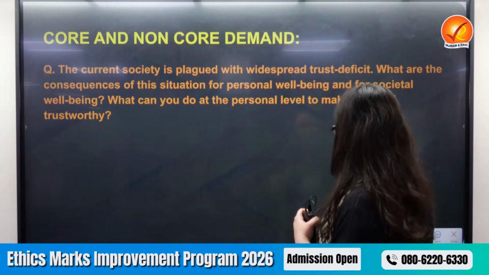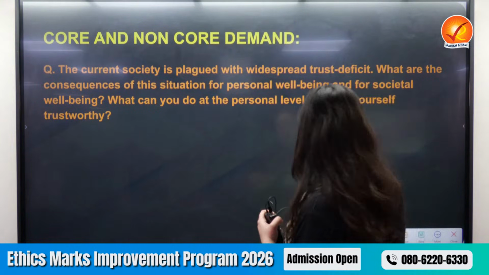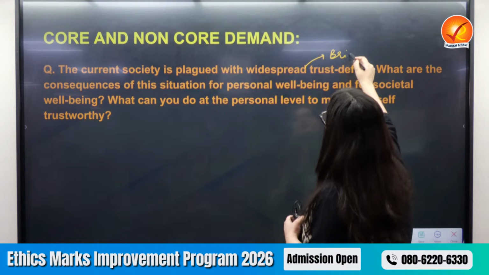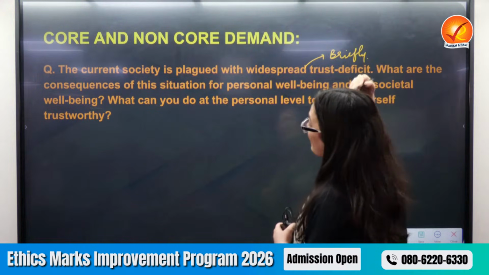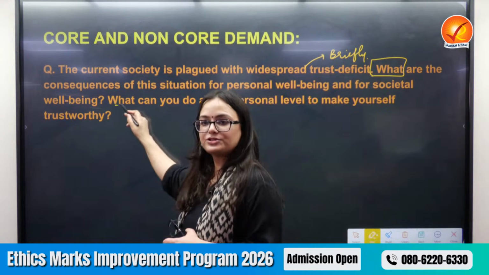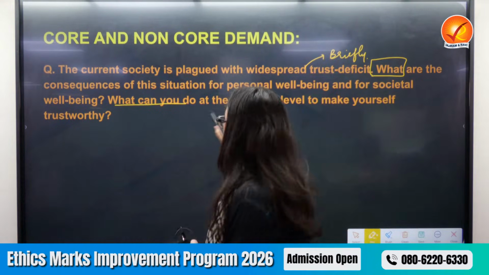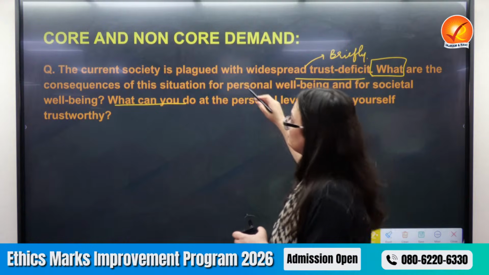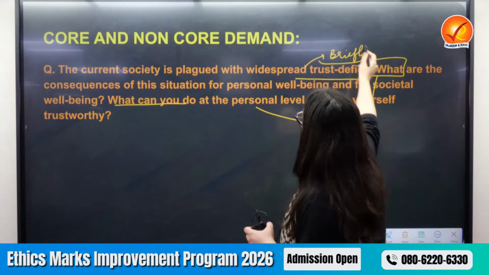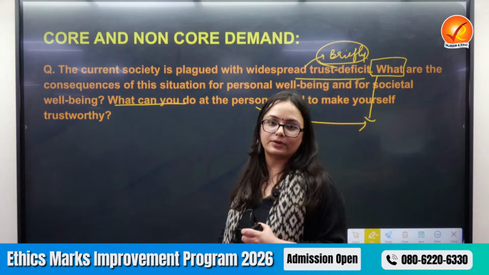So this was about addressing the core and non-core demand. Now, this you have to address briefly. Why briefly? Because more marks will be assigned to you if you write the core demand of the question. Easy, right? So this will come later. First, you have to focus on these demands, but you also do not have to miss out on the non-core demand, right?